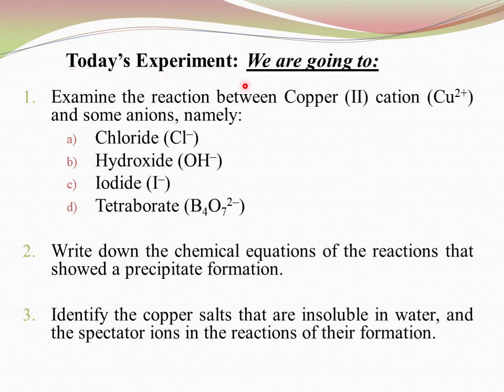In this experiment, we are going to examine the reaction between copper ion Cu2 plus with the anions chloride Cl minus, hydroxide OH minus, iodide I minus, and tetraborate B4O7 2 minus.